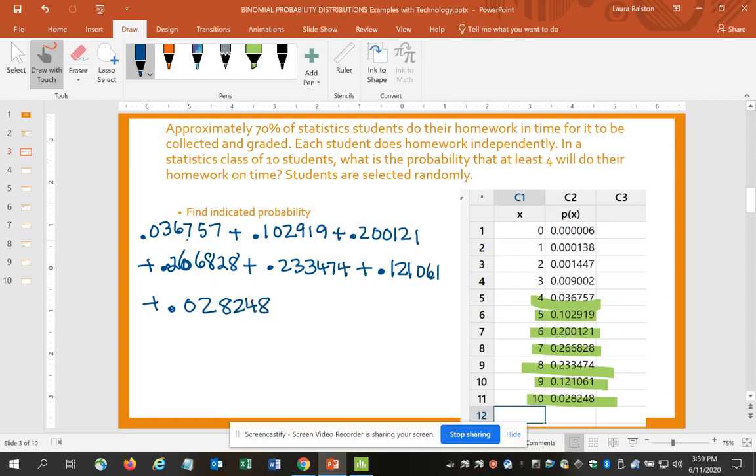We're going to add together the probabilities for 4, 5, 6, 7, 8, 9, and 10.